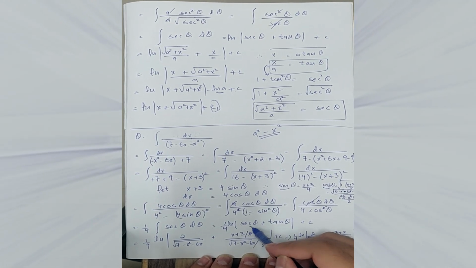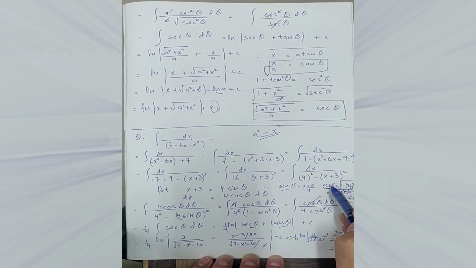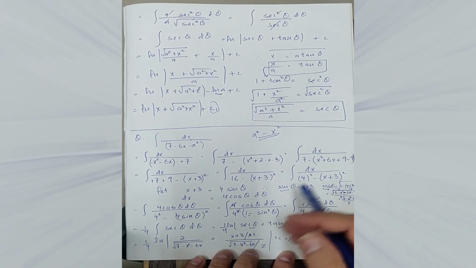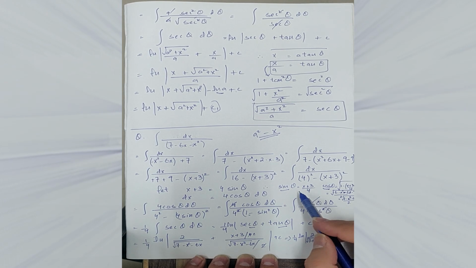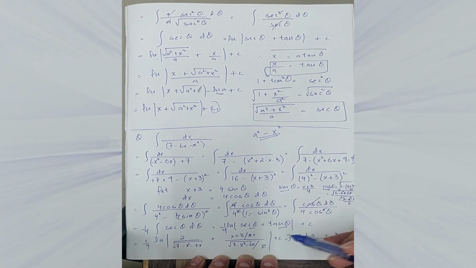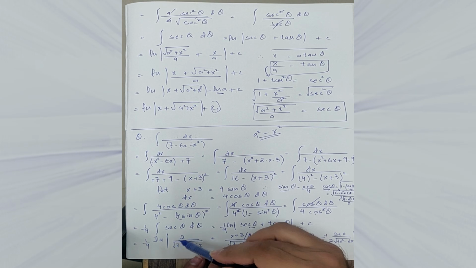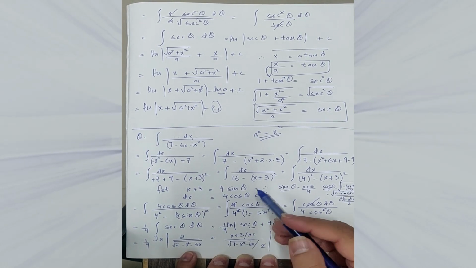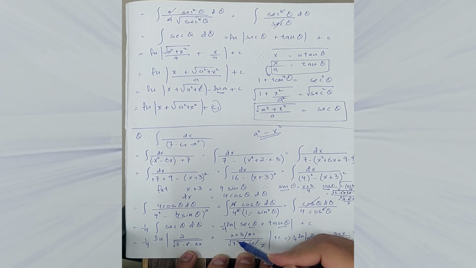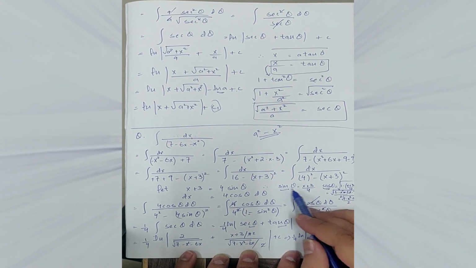Now we can find the values of sec theta and tan theta using the functions that we have already defined. We know that sec theta is 1 over cos theta, so it's simply 2 over under the root 7 minus x square minus 6x. And tan theta is simply sine theta over cos theta.